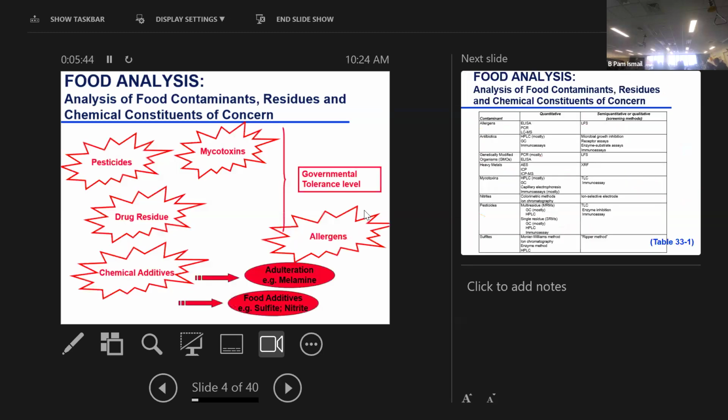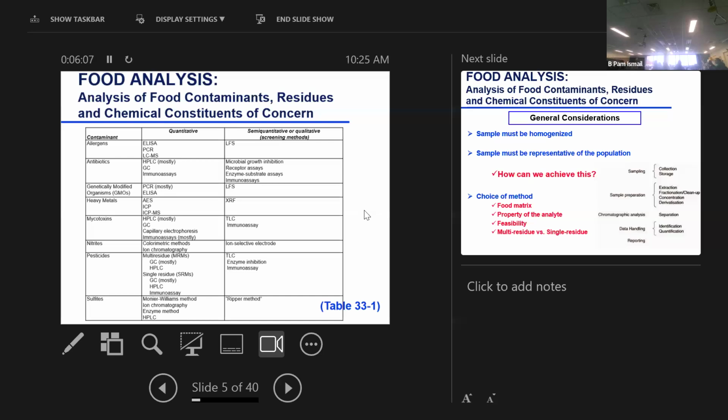Okay, so the main categories are pesticides, mycotoxins, antibiotics, and then there are allergens. So these are 4 big categories, and then we have all others with chemical additives like melamine adulteration or presence of sulfite or argon.